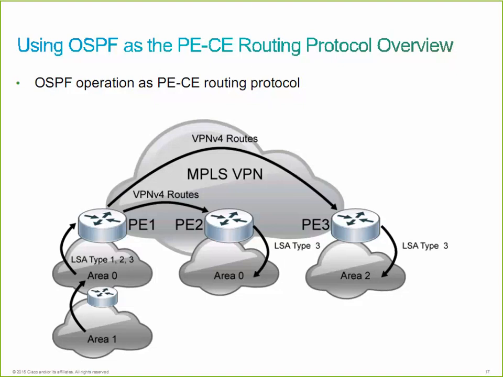To propagate customer routes from the PE router to the PE router, those OSPF routes have to be redistributed into MPBGP and redistributed again outside of MPBGP on the other PE router. The downside is that those OSPF routes end up becoming external routes on the remote PE router when they get redistributed back into OSPF.